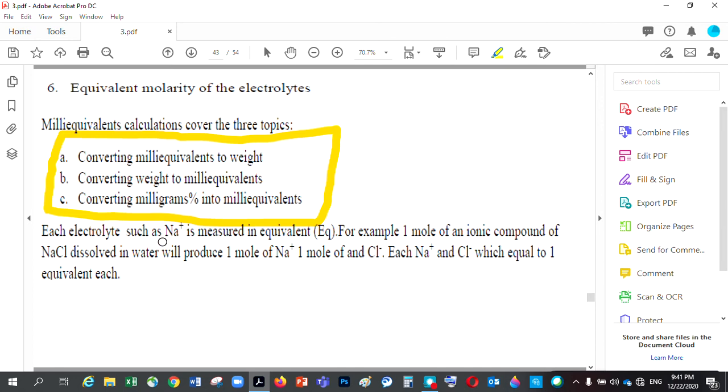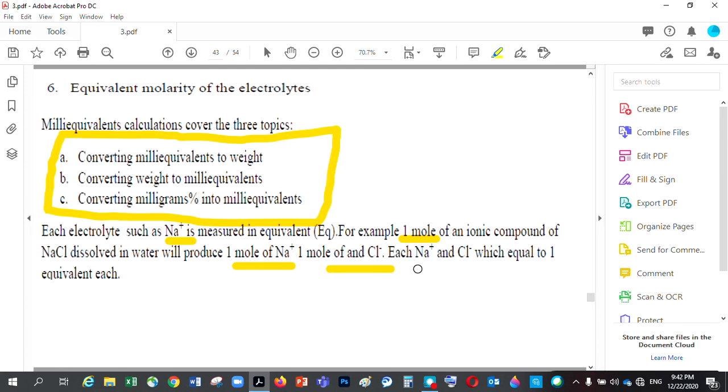For example, sodium is carrying positive 1, so 1 mole of the ionic compound is 1 mole. Sodium chloride dissolved in H2O will produce 1 mole of sodium ion and 1 mole of chloride ion, so each one is equal to 1 equivalent.